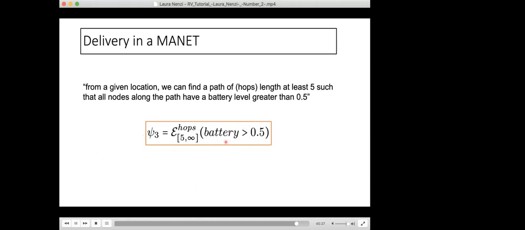And this can be described with the escape operator. We can say that a location satisfies a property if it can escape with a battery level greater than 0.5 at a distance greater than 5.